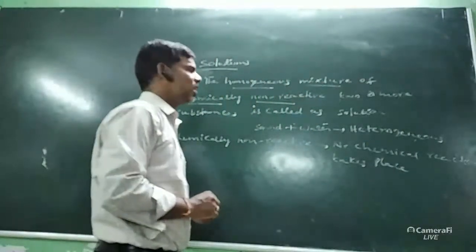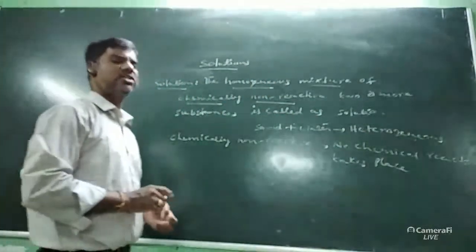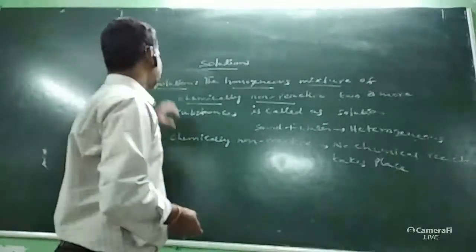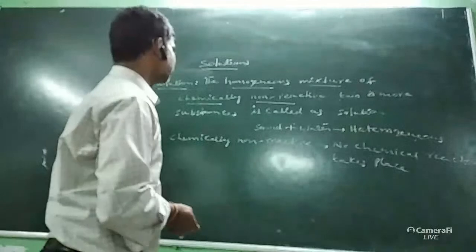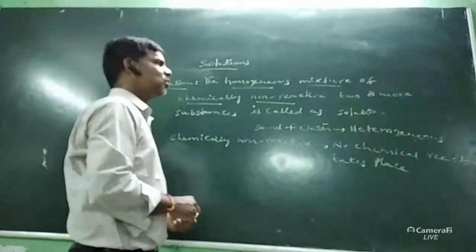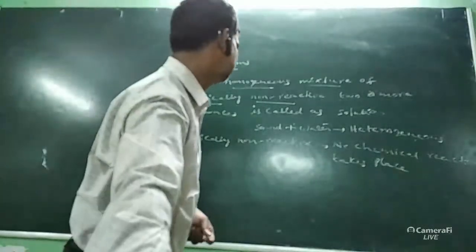The chemical reaction will not take place. That type of two or more substances is called a solution. So the solution is nothing but the homogeneous mixture of chemically non-reactive two or more substances.